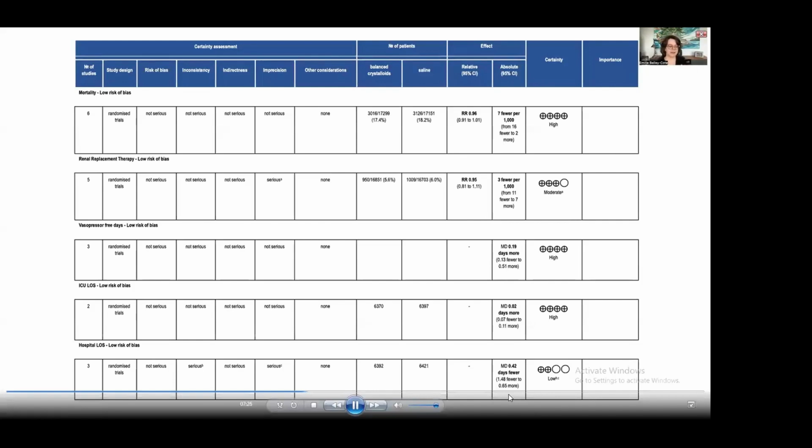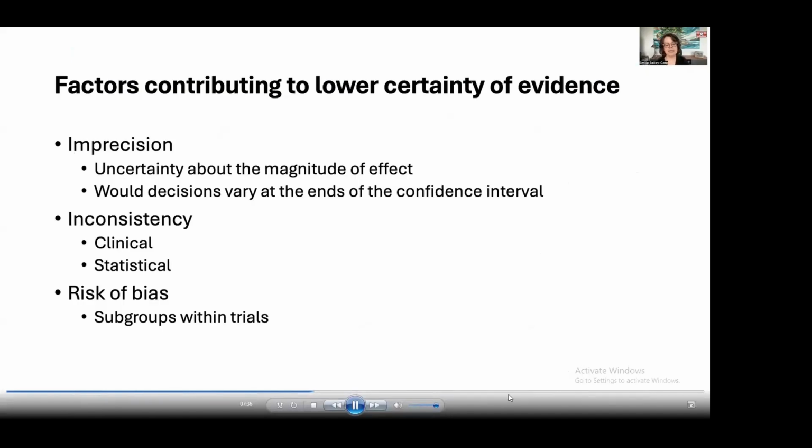So not only do we, in theory, go through this process, we actually go through this process also in practice with the panel. There is a panel of experts really weighing in. So why did we lower the certainty of evidence for the choice of fluid in the intensive care unit? The key issues in the body of evidence are, first, imprecision.